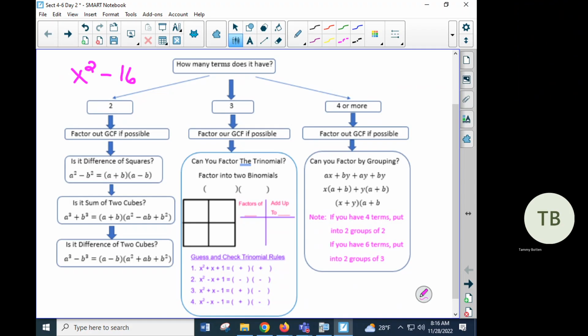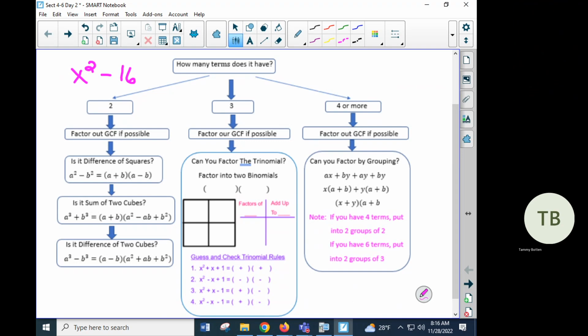If it has 3 terms, we'd still want to factor out the greatest common factor. And then you take that and you use this box and this chart. If you guys have gotten to the point that you don't need to use these, you don't have to use them. I notice 1 or 2 of you don't use it, and that is absolutely fine.